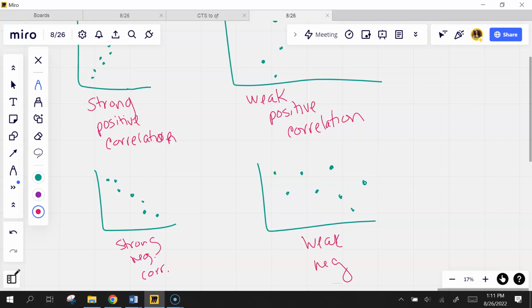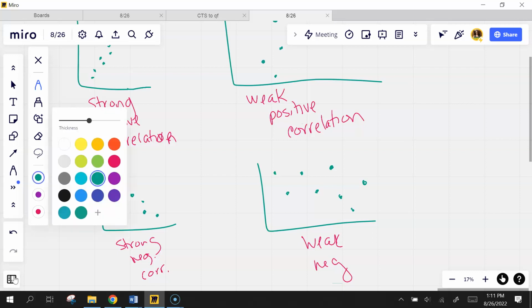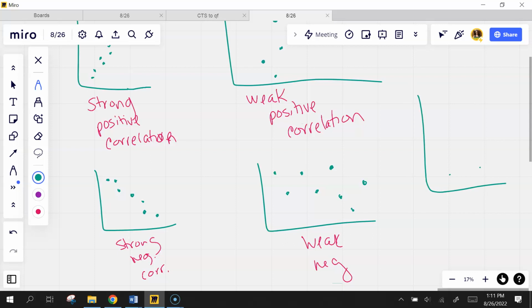And you can also have no correlation at all, little or no correlation. So if it just looks kind of random, it doesn't look like it's following any line, I would say that has little or no correlation.